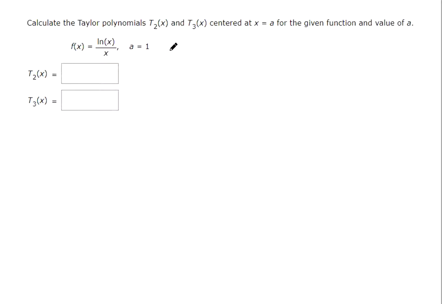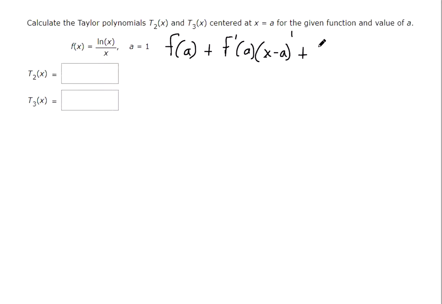The formula for a Taylor polynomial is plugging our center into the function, plus the first derivative of the function with the center plugged into it times x minus a to the first power, and then plus the second derivative.